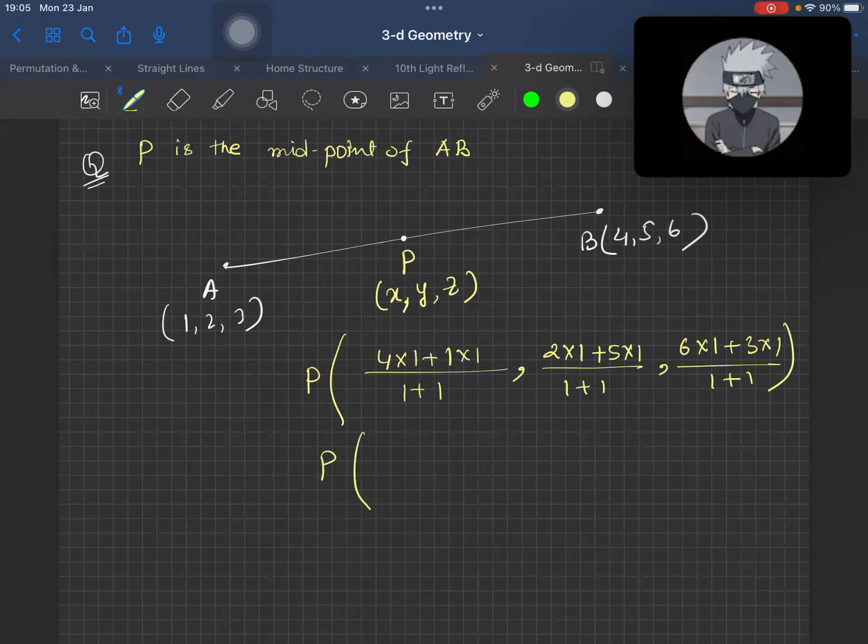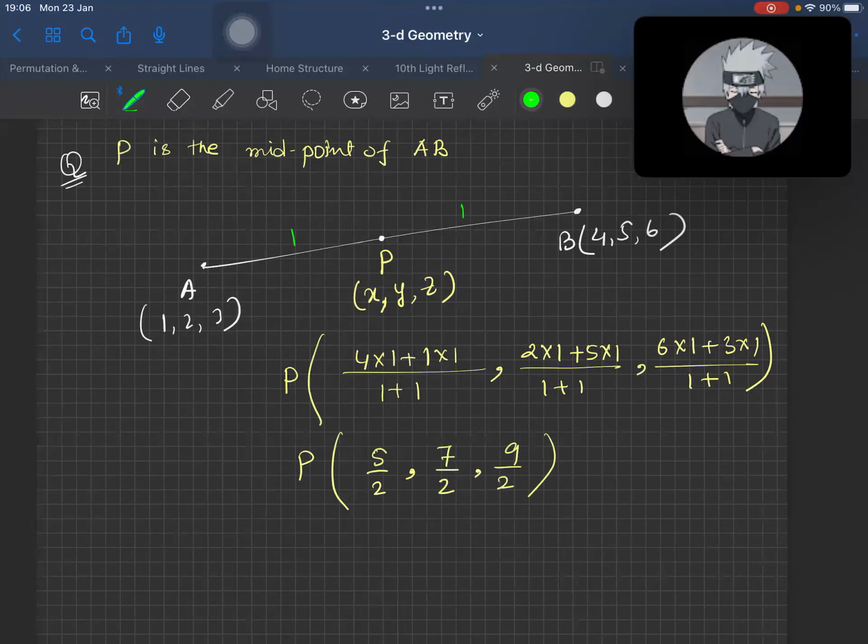So P will be 5 by 2, 2 plus 5, 7 by 2, and 6 plus 3, 9 by 2. That will be the coordinate of point P, because if it is a midpoint, it will be dividing this line in the ratio 1:1.